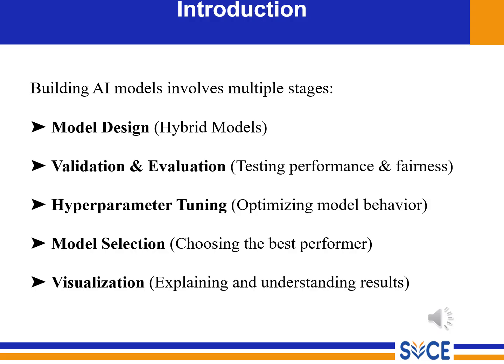Third is hyperparameter tuning, improving the learning behavior. Fourth is model selection, choosing the best model, which means choosing the best performer. Fifth is visualization, explaining and understanding the result.